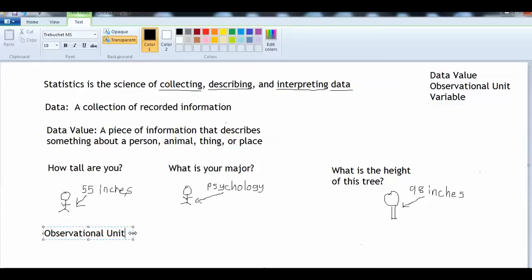An observational unit is, let me look at my definition. So it's a person, animal, thing, or place about which data is being recorded.